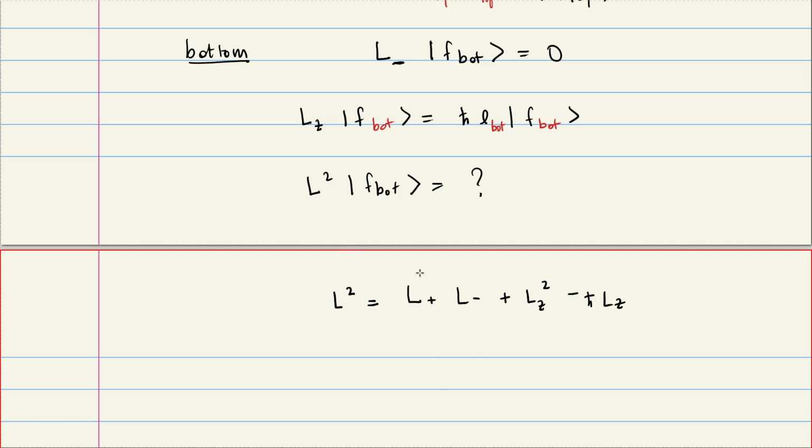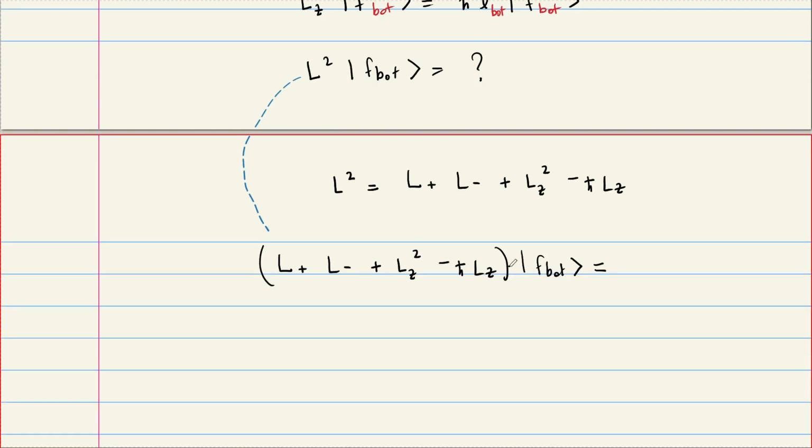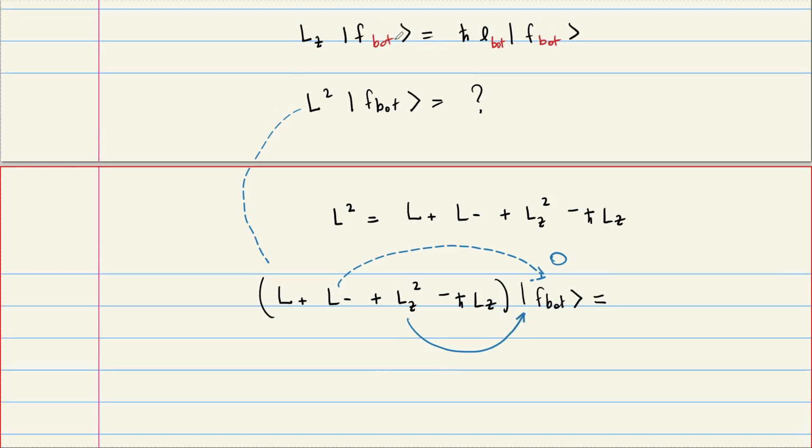Right? So this equation, this thing times F bottom, acting on here is going to give us 0 because it's already the bottom, and this thing we defined, right? Lz times F bottom is h bar l bottom, and you operate it twice.